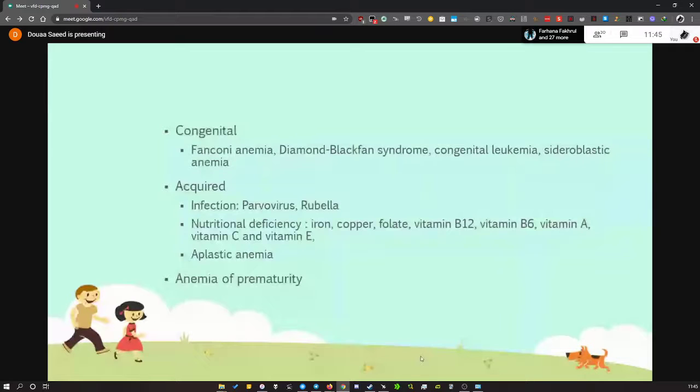Fanconi will have short stature. Okay, short stature, yes. What about limb abnormalities in Fanconi anemia? Loss of thumb. Okay, so they may have absent thumb. Very good. They may have absent thumb or absent radius. What about Diamond Blackfan?